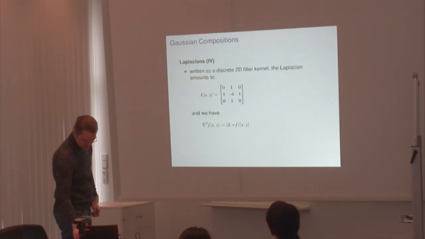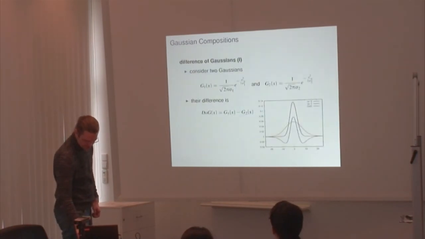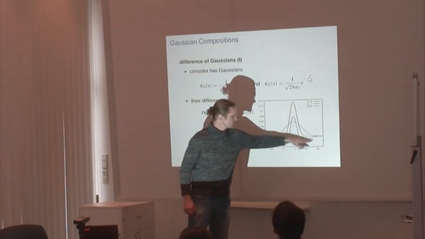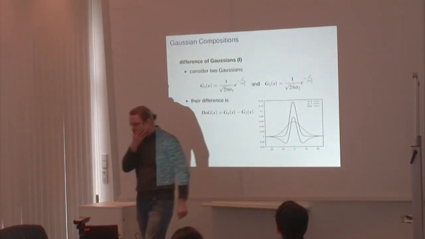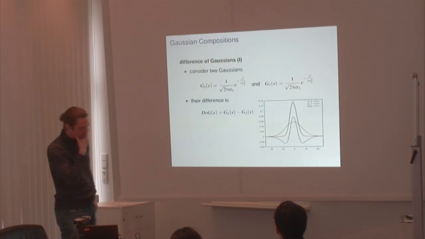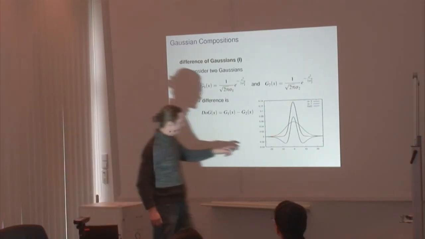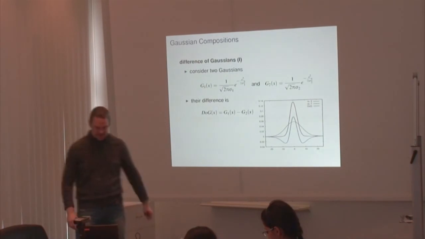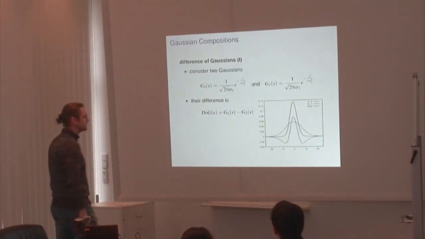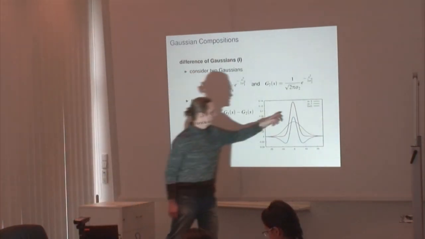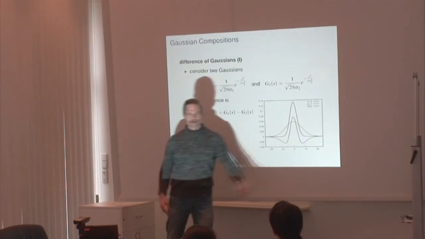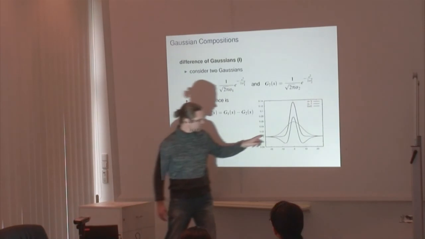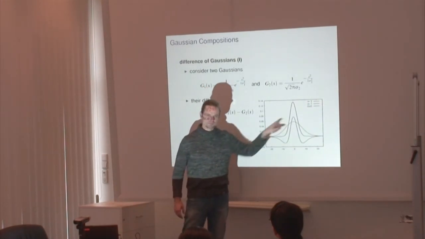What I am saying is that when we talked about the difference of Gaussians, like this one, that is the blue function. What this last slide said is that if we are given a Gaussian, say the red one, and compute its Laplacian, then it will look very similar to this blue one here.